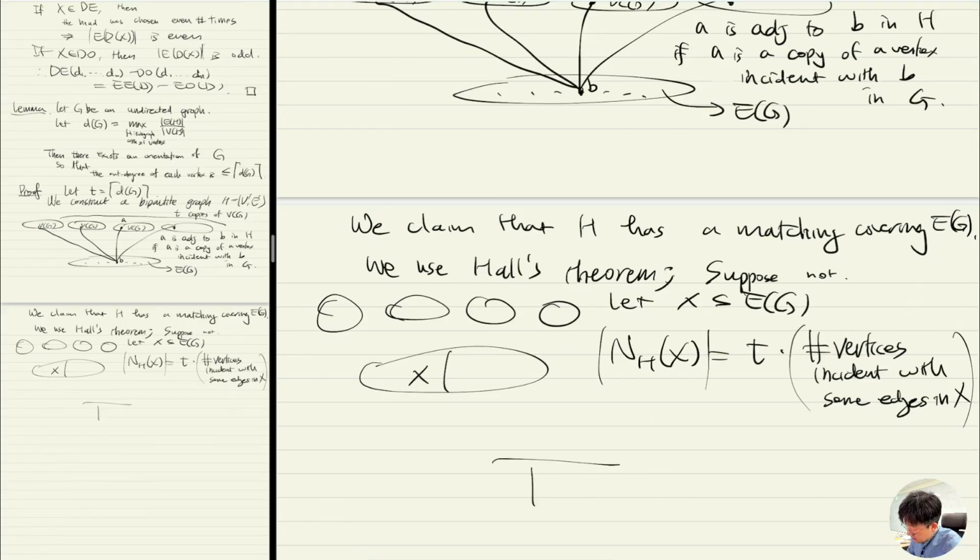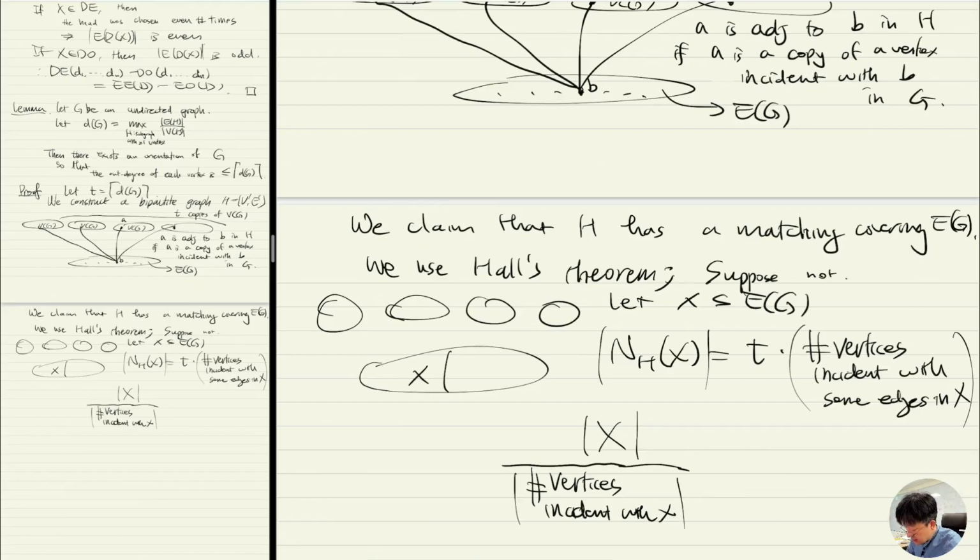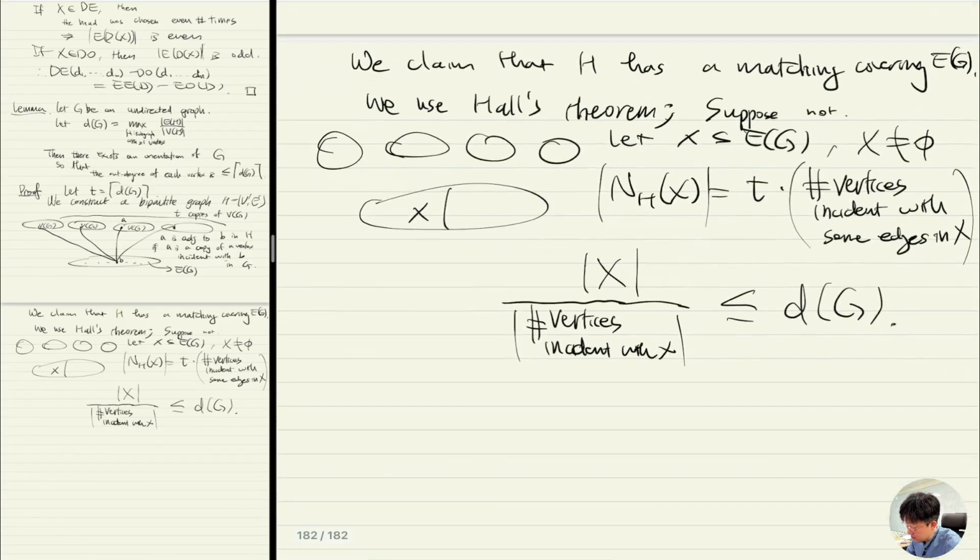If we divide |X| by the number of vertices incident with X, that has to be bigger than or equal to the density, because D was... this is one instance of D(G). And I'm assuming that X is not empty, because if X is empty, then there's nothing to show.